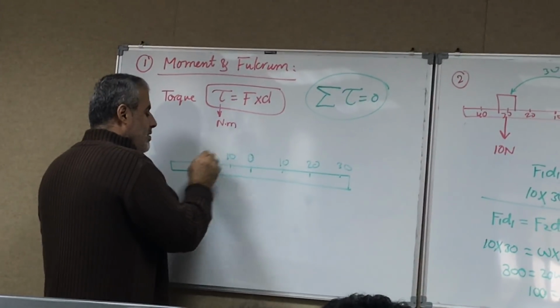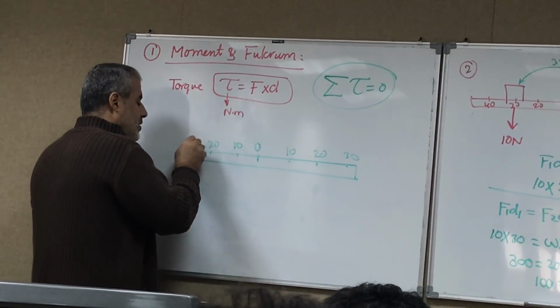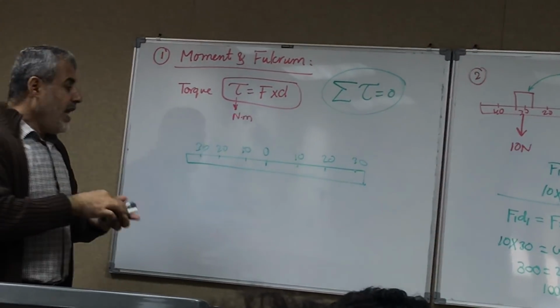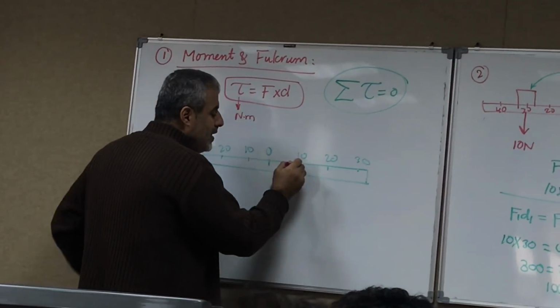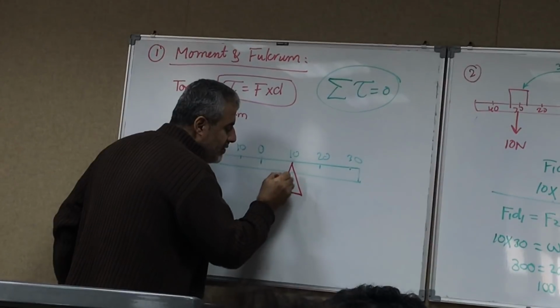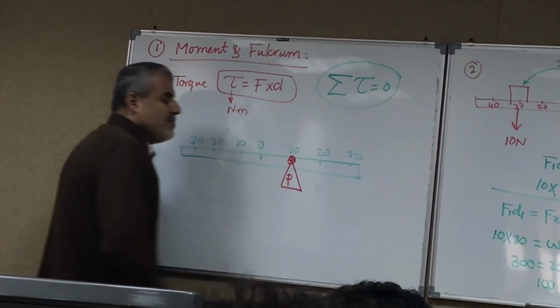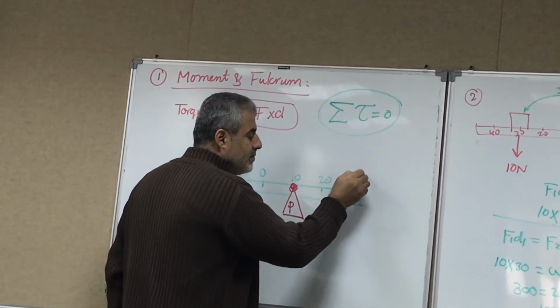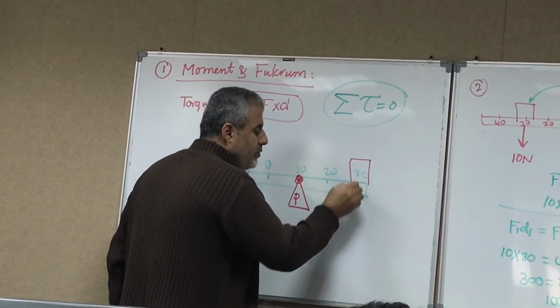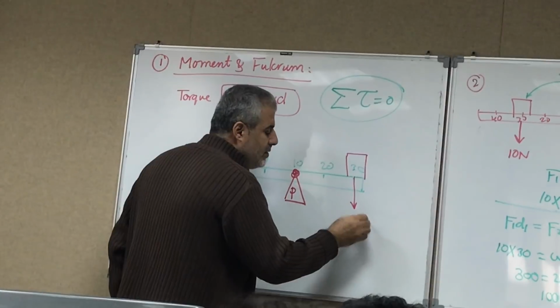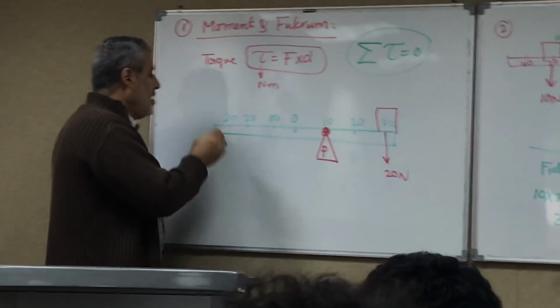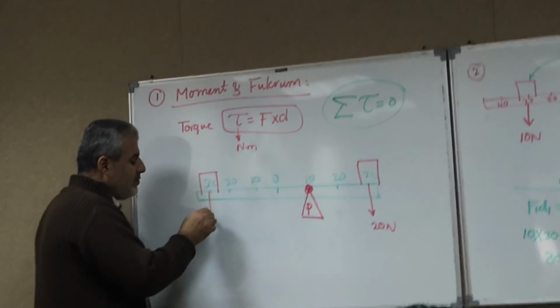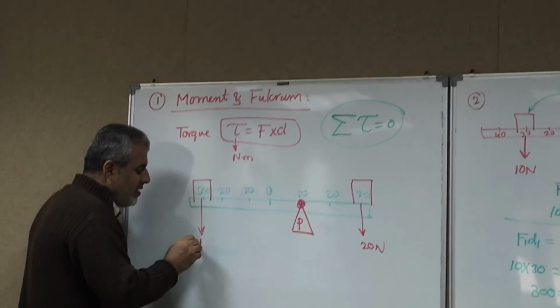This is similarly 10, 20, 30. Let's say I put my pivot here. There's one object here which weighs 20 Newton. I'm giving random numbers. There is another object here which weighs 10 Newton.